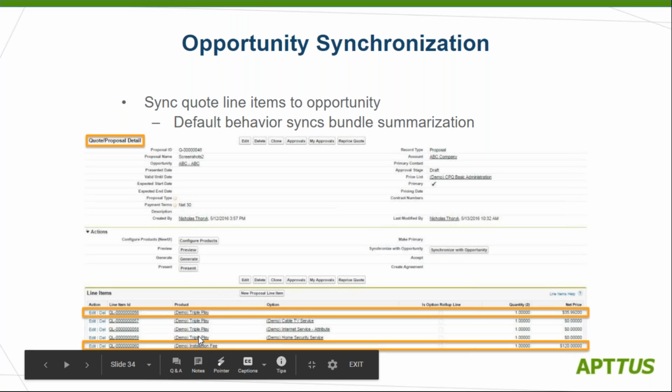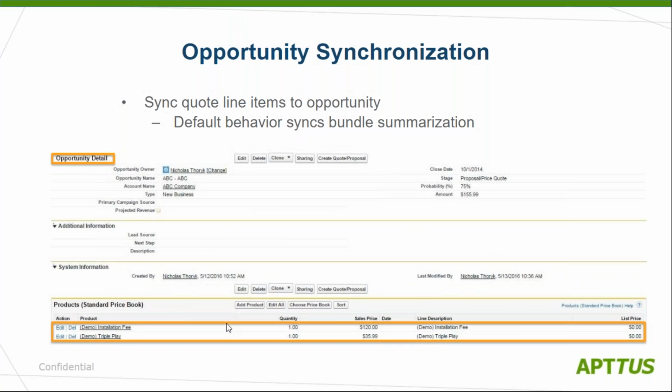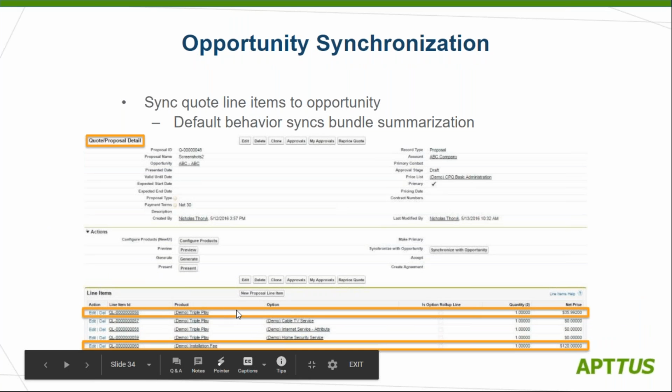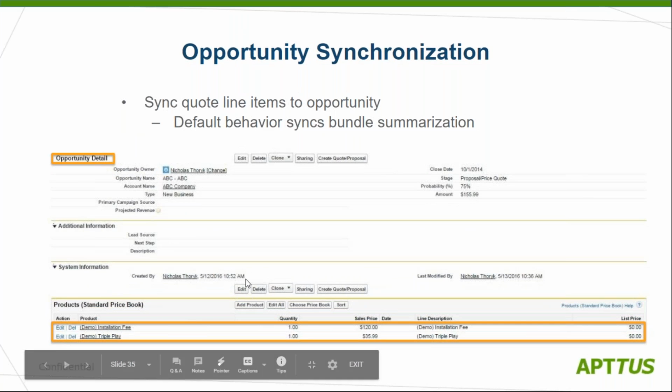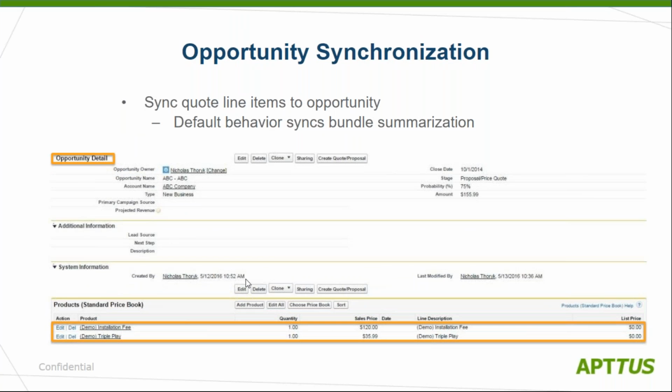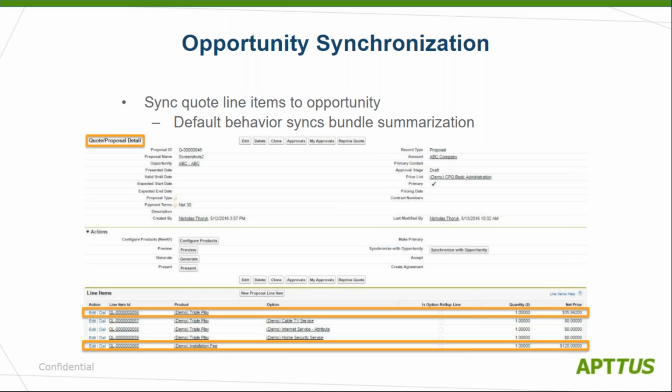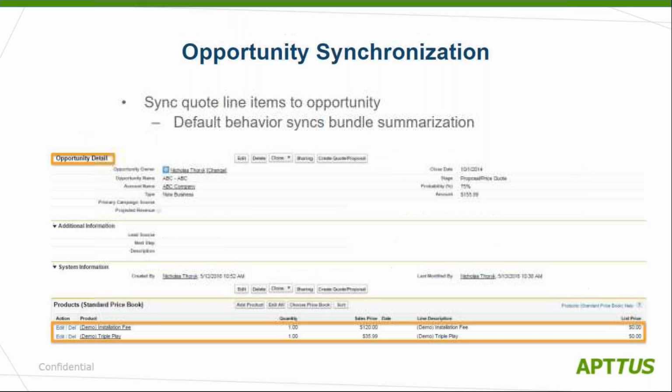Under triple play, we have cable TV, internet service, and home security service as well. But what we'll see on the opportunity is only triple play and installation fee. The option products are not copied over, only the header level, like the bundle and the standalone, because this is the default behavior. If you want to change it, you just have to go to the custom settings. I'll show you in a while.